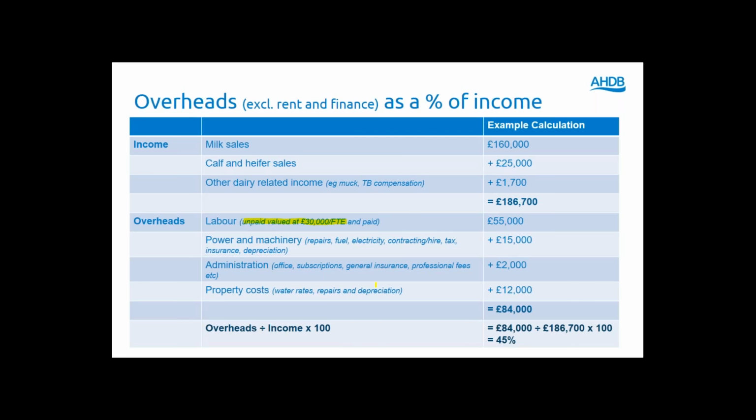If it's 20 grand, for instance, and they are paying it, then I would take it to the value they're being paid at. You won't bump them up to 30,000. So if they're actually taking out a salary, then use that actual figure. If they're not, then use 30,000 as a sort of standard figure. Thank you.